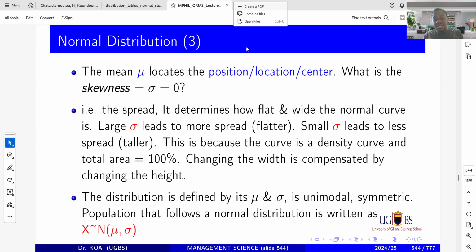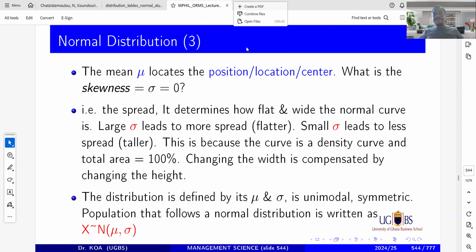We use the mean and standard deviation to describe a distribution. It can tell us whether the thing is symmetric, unimodal, or skewed, whether it's left skewed, right skewed, or anything.